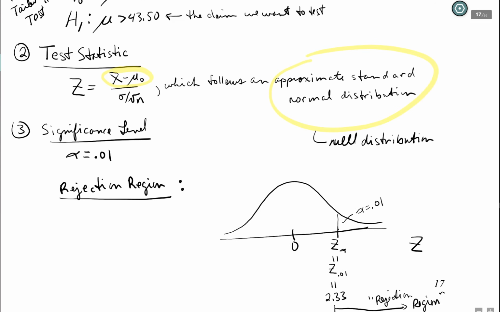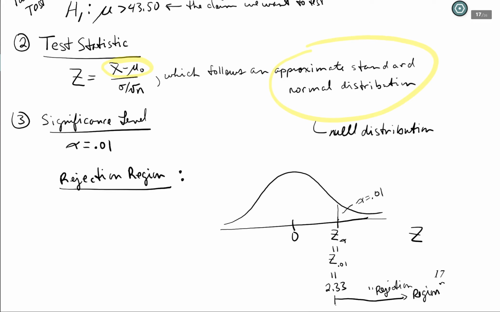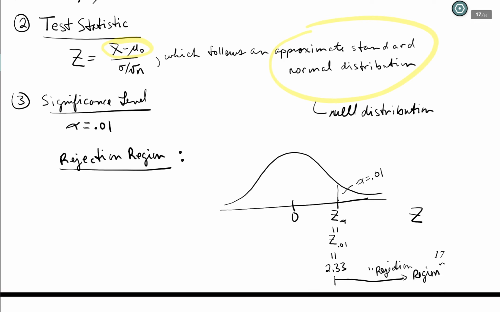But it has to be bigger than mu naught by a certain threshold, and that threshold, identified by the rejection region, is determined by the number of standard deviations x bar is greater than mu naught. And that's what this whole measure is here. It's the number of standard deviations x bar is from mu naught under the null hypothesis.